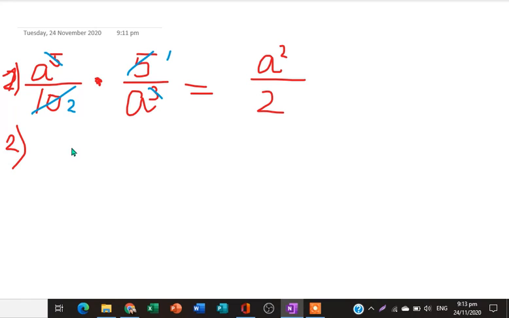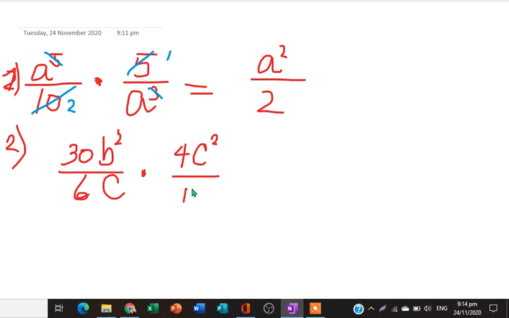So if we have 30b squared over 6c times 4c squared over 15b to the 4th equals, so we have 30 and 15.